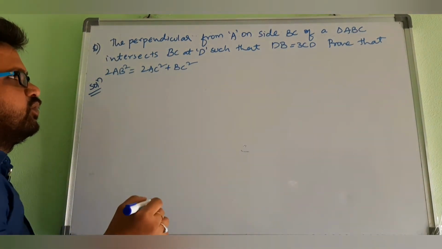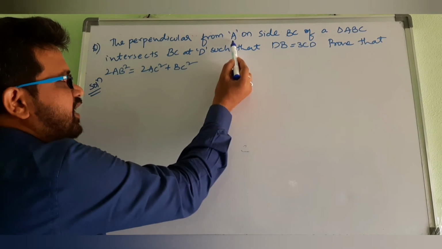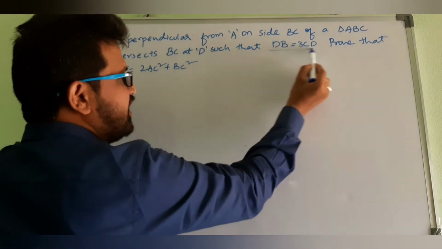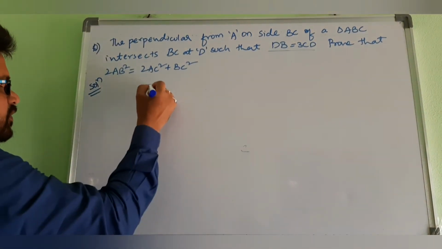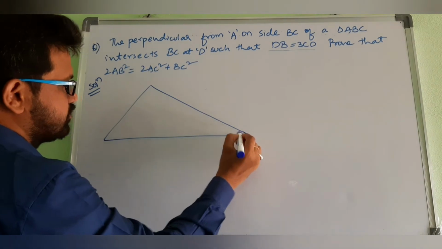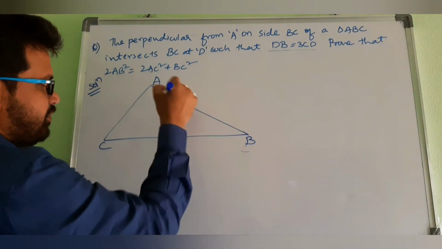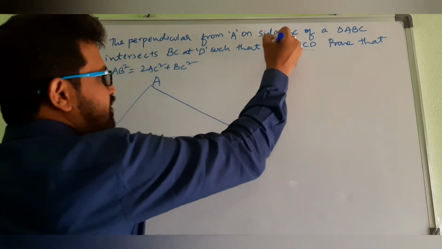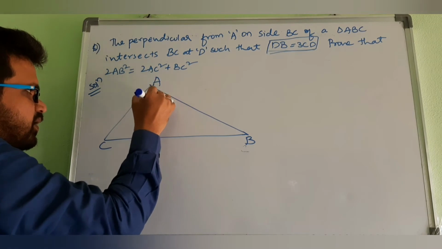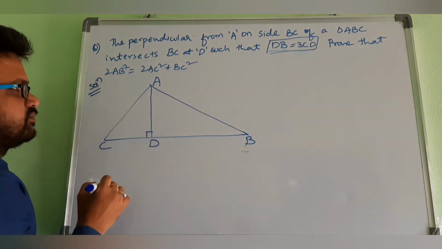Okay. So here, according to the given data, we have to draw the diagram. So from A we have to draw the perpendicular to BC such that BD is equal to 3CD. Carefully. Okay, A, C, and this is B. Why? Because BD must be greater than CD. So if we draw the perpendicular from A, this is D, right?